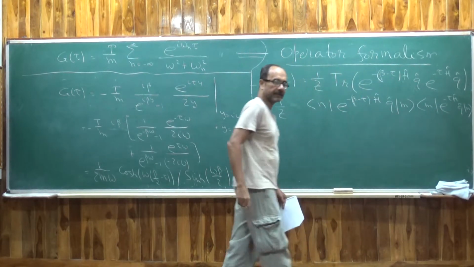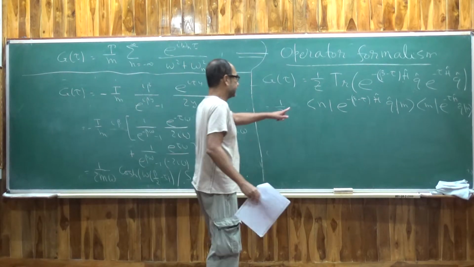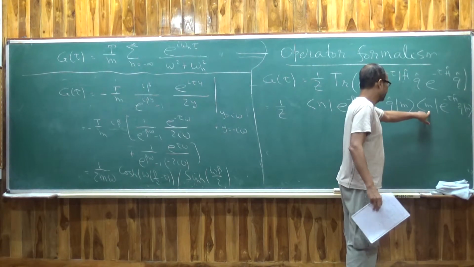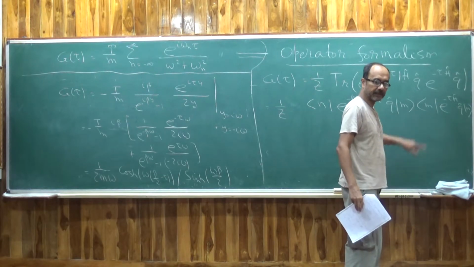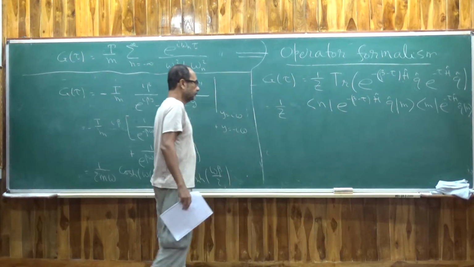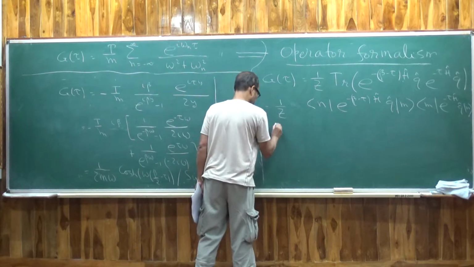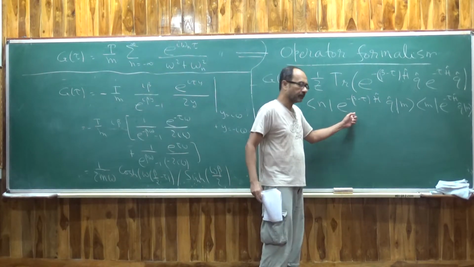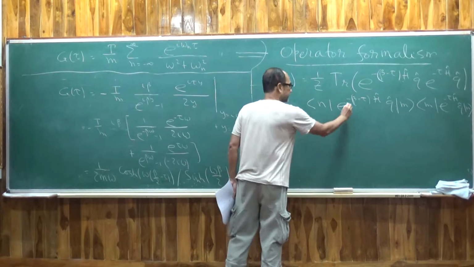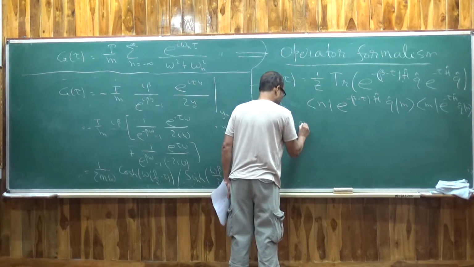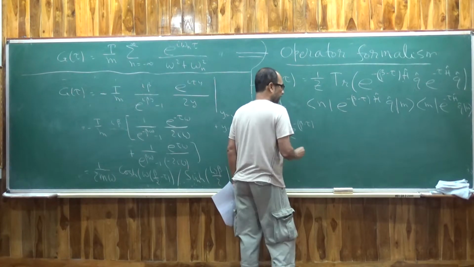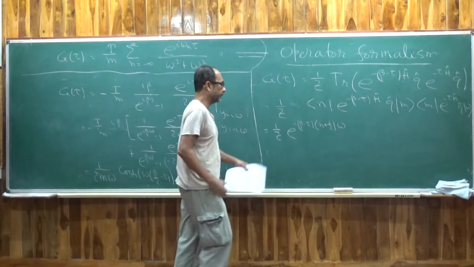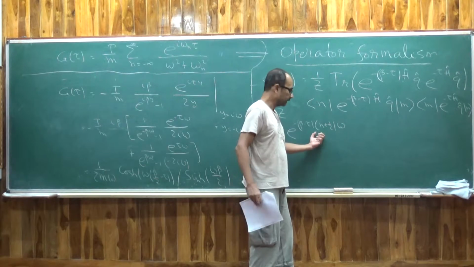Okay, I introduce two complete sets of states, n and m. This n is implementing the trace, you are summing over n, and this sum over m is the identity that I insert in the middle. So these we are taking to be energy eigenbasis. This is an eigenstate of Ĥ, so you get e to the minus (β minus τ)(n plus half)ħω, because this acts on n, producing this number over here.